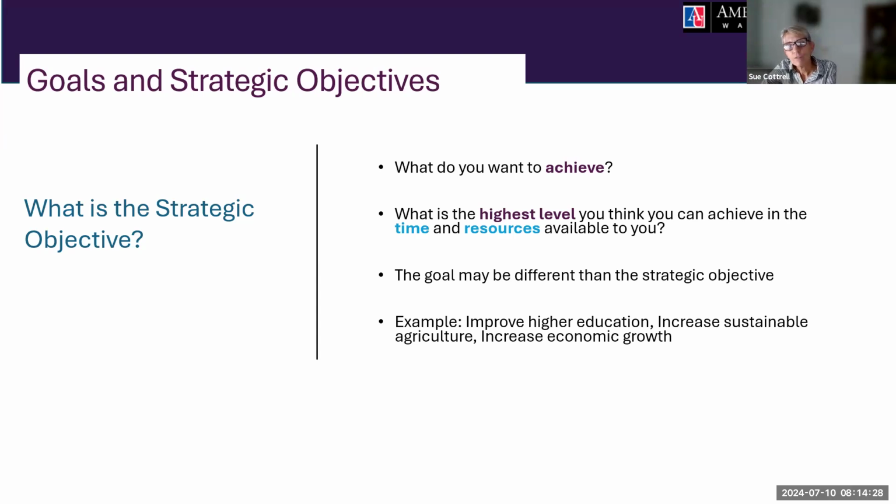A goal may be different than the strategic objective. It may not be. Examples of goals and strategic objectives are improve higher education, increase sustainable agriculture, increase economic growth.